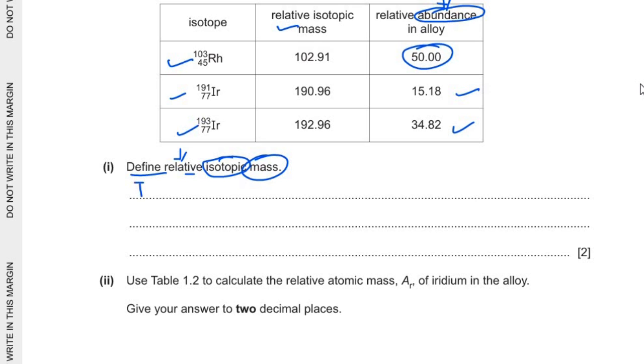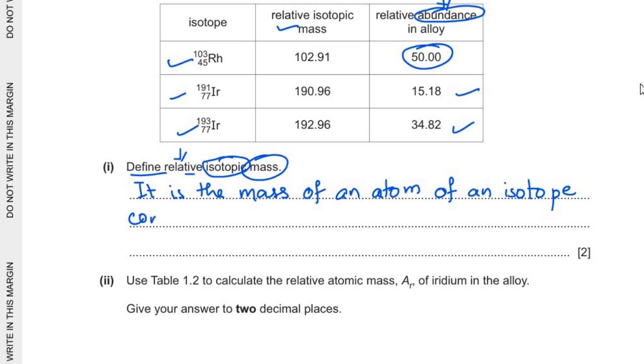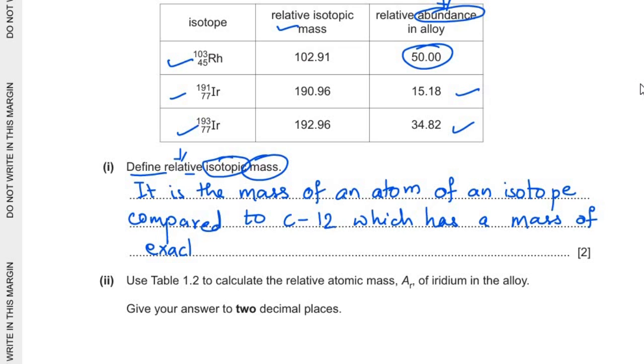It is the mass of an atom of an isotope compared to carbon 12, which has a mass of exactly 12 units.